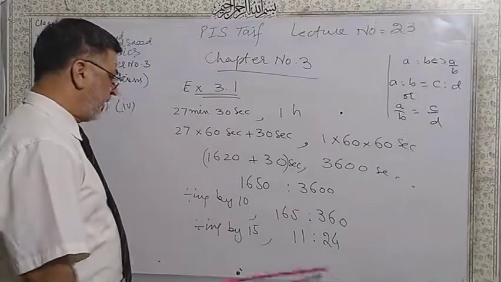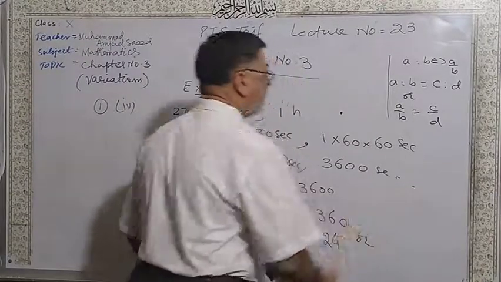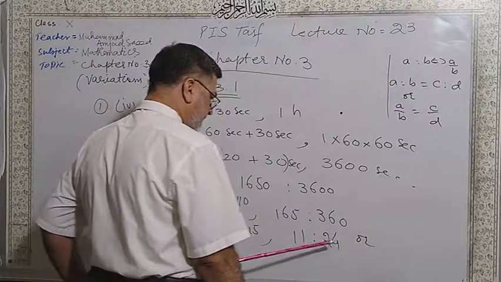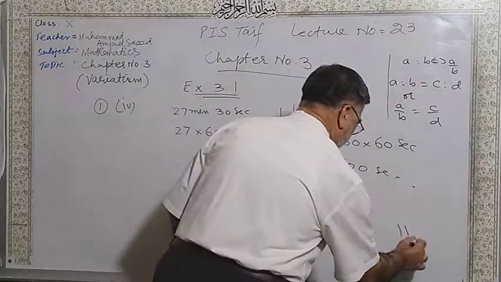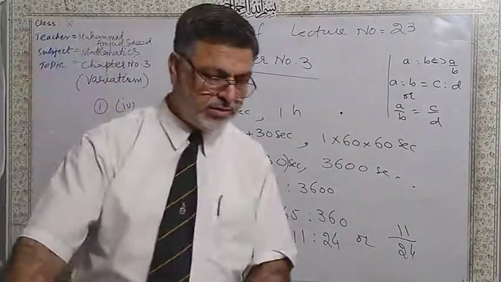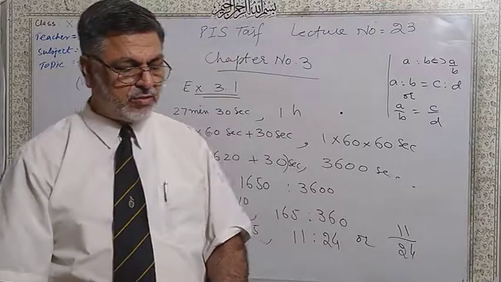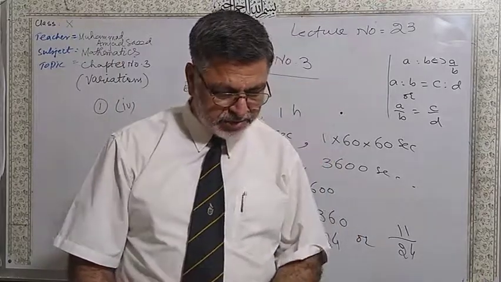Yes, 11 ratio 24, or if you want to write it as a fraction, 11 over 24. That is your question number 1. I hope that you can do the other parts by yourself.